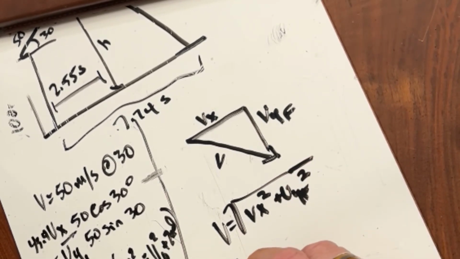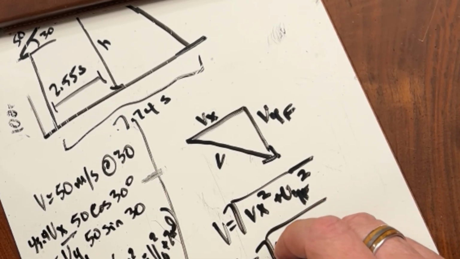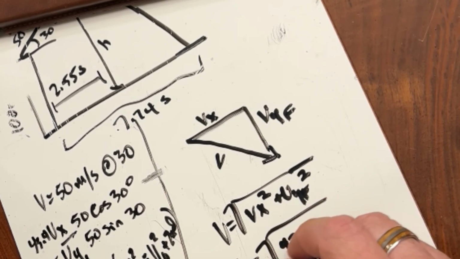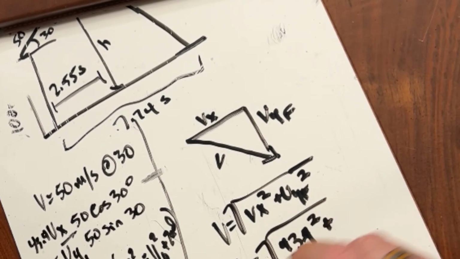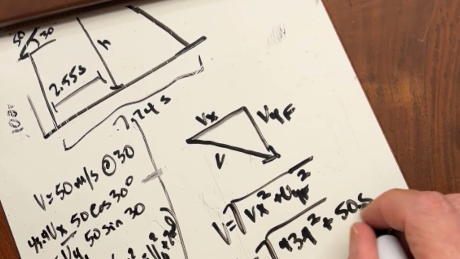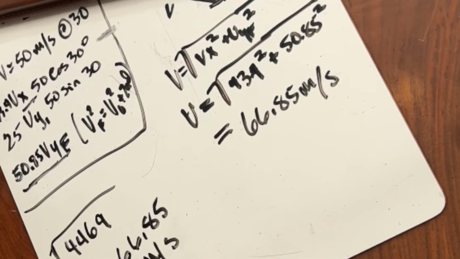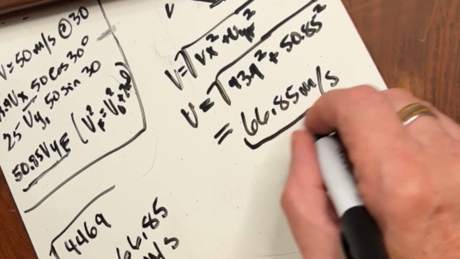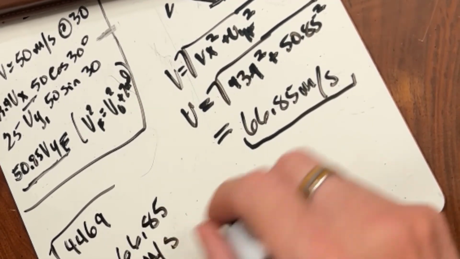So V equals the square root of 43.4 squared plus 50.85 squared. Did a little bit of math, and it turns out that the final velocity is 66.85 meters per second. And at what angle?